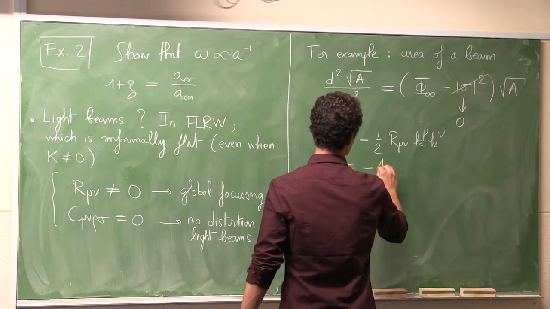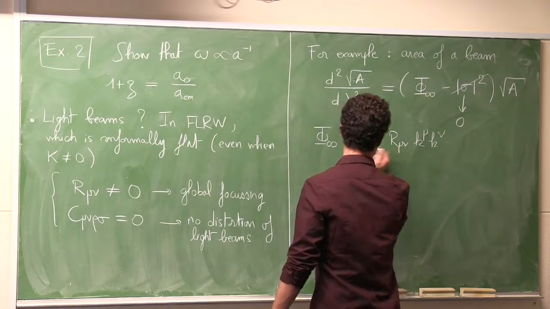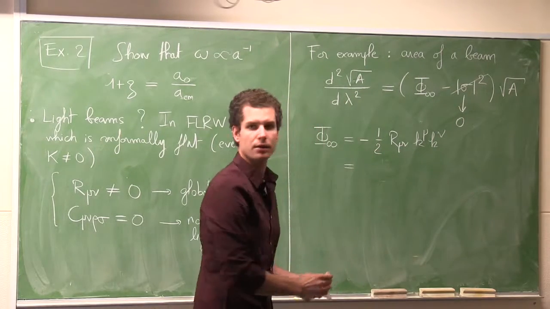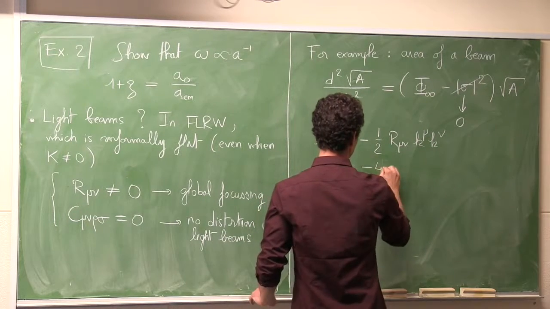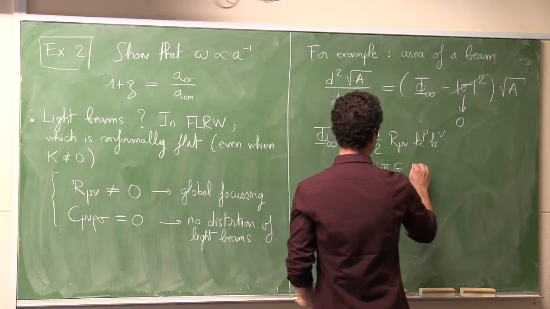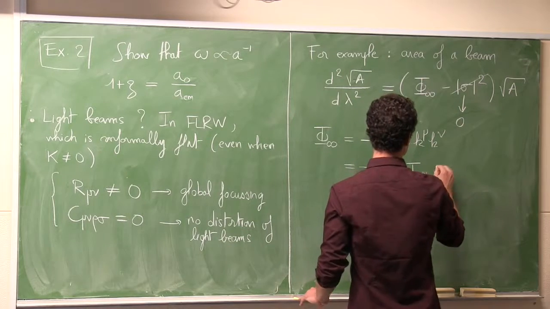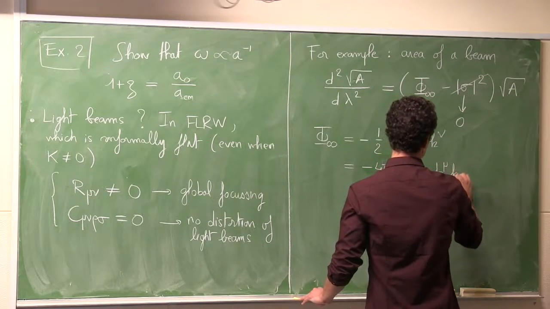It is also minus 1/2, sorry. So I insert here the Einstein field equation. We get minus 4 pi G T mu nu k mu k nu.